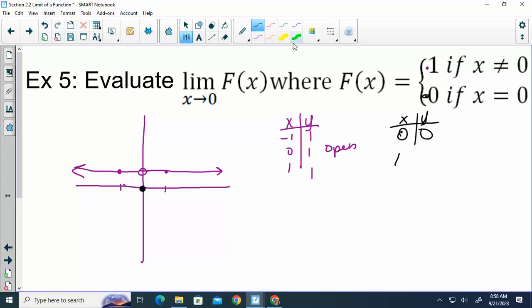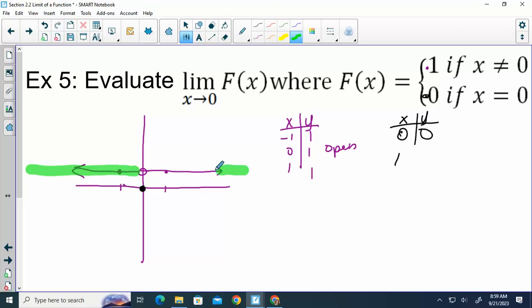So the limit as x approaches 0. This is two-sided, so they have to match as you're coming in from both the left and the right. Does it go to a single value? What is it? No. Remember, for a limit, it doesn't matter what happens at the point, it matters as you're getting close to it. So as I come in from the left, what y value am I approaching? 1.